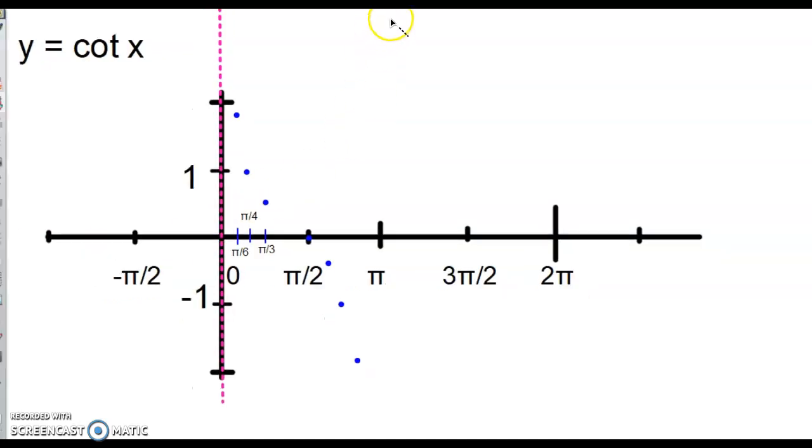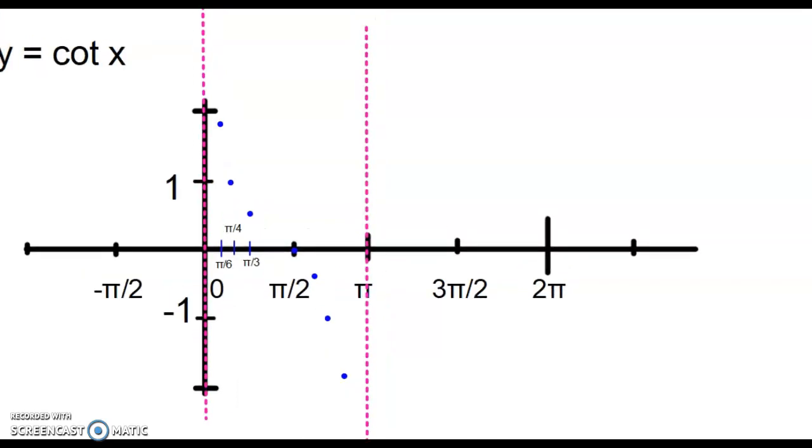So I need another asymptote right here. And you can see what the graph is doing. So let me see if I can get a better drawing on this. Oh, that's looking good. And there you go, folks. And it's going to hug that line.